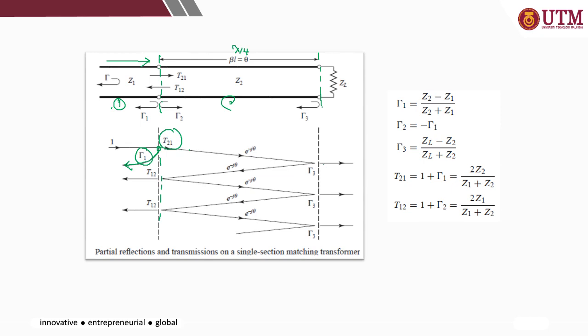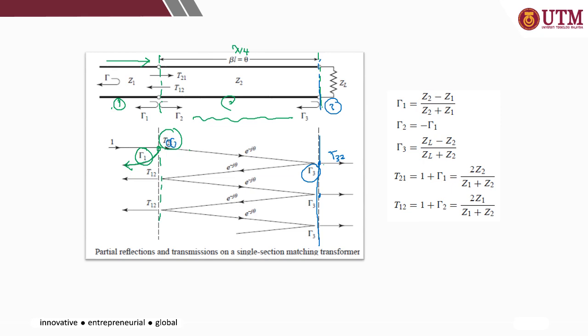The signal travels along the lambda over 4 element, and then there's another intersection. So there's another reflection at this intersection, given by reflection coefficient 3. This is the third point. Some of it will be transmitted from 2 to 3. This is from 1 to 2.